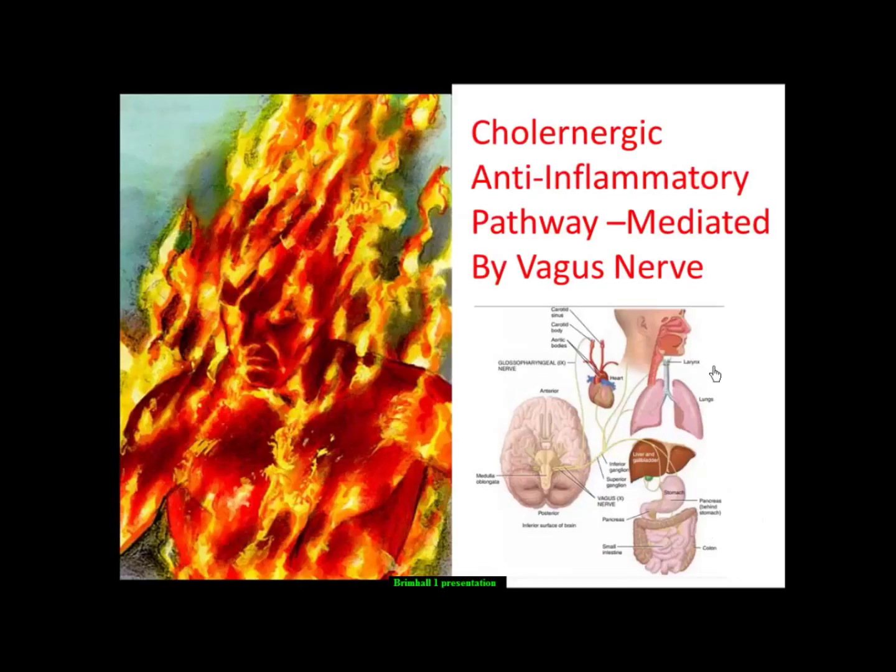Same thing. So just to reiterate, in the future, very shortly, I would like to do a webinar just on the cholinergic anti-inflammatory pathway mediated by the vagus nerve. And just to let you know, most of us have been out of school a while, but the vagus nerve comes off the cranial nerve, off the brainstem here, and innervates, as you can see, lots of different systems in the body.